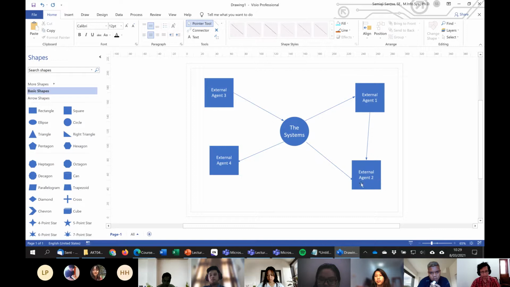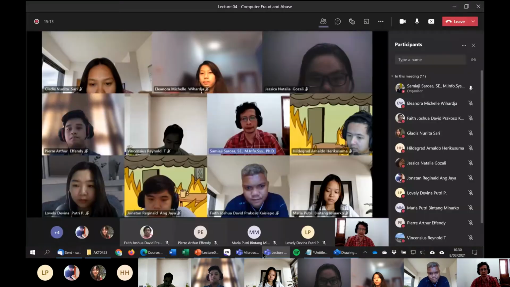That's probably true. But since we only focus on the system, this must go. We only focus on the system and the relation between that system and the external agents, vice versa. So that's how you start the context diagram.